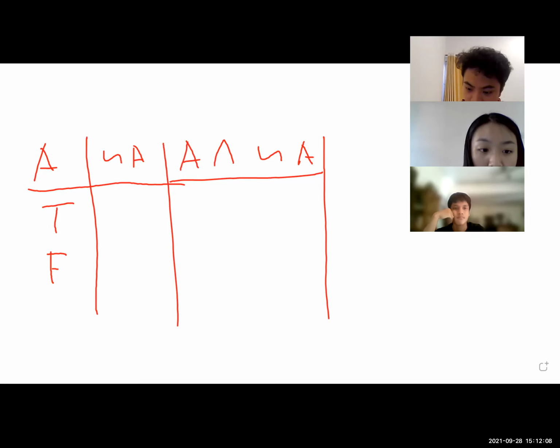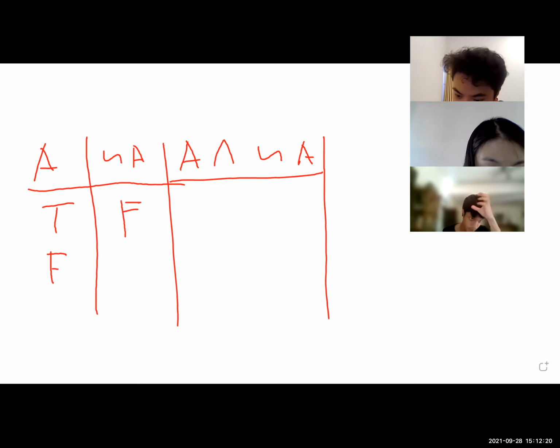Correct? So if A is true, what is not A? False. Okay, so if A is false, what is not A? True. So if A is true, not A is false, what is A and not A?